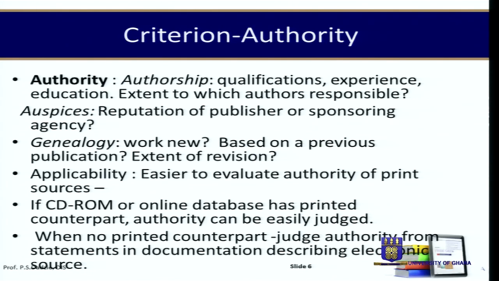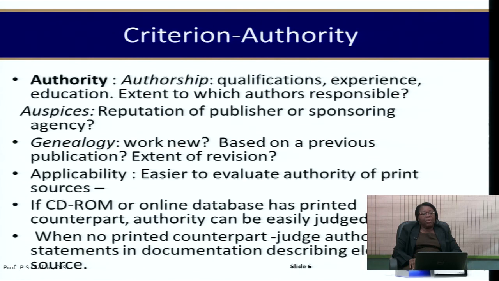Now, it is important for you to consider the genealogy, because if you work in a library or an information center where you have a first edition or a second edition of a particular publication, and you know that the resources or the money to buy a new edition is very limited, you may consider whether the revision in a particular edition is very extensive or it's not. If it is not, you decide probably to skip that particular edition and go in for a subsequent edition.